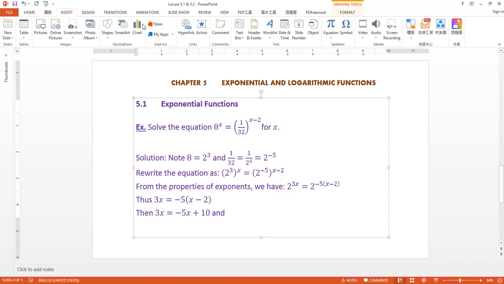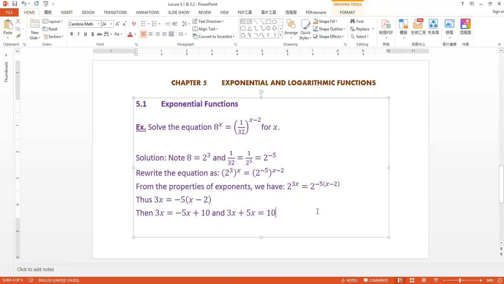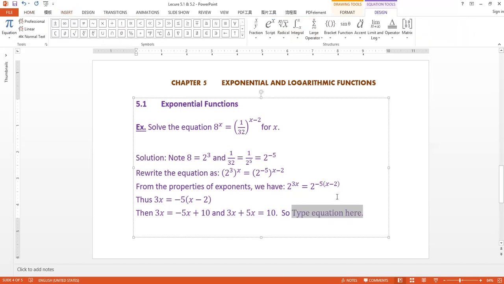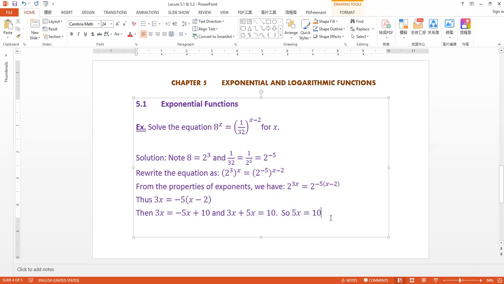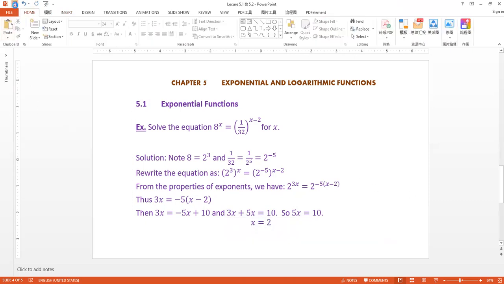So we got 3x plus 5x equal to 10. So we got 8x equals 10. And that can be easily solved. And we got the answer of x equal to 2. So that's the final answer.